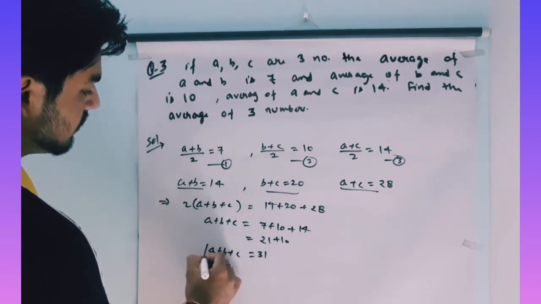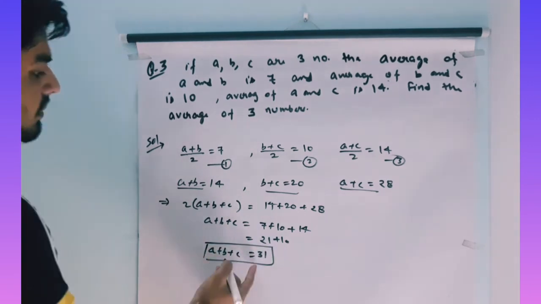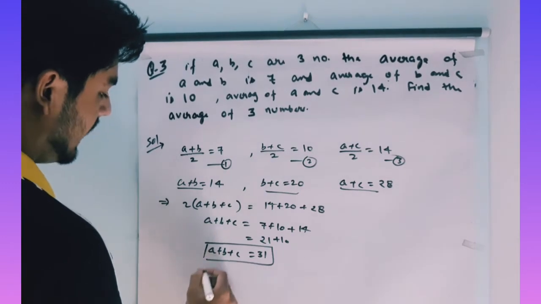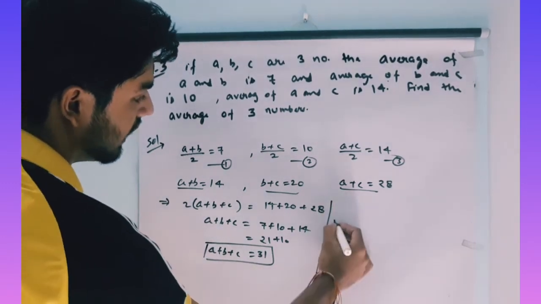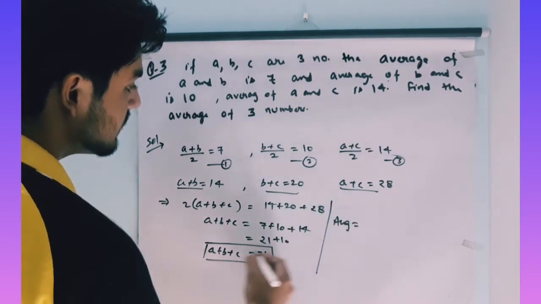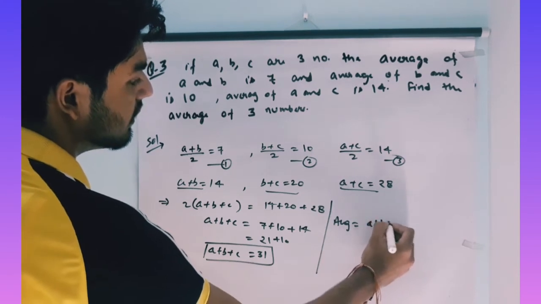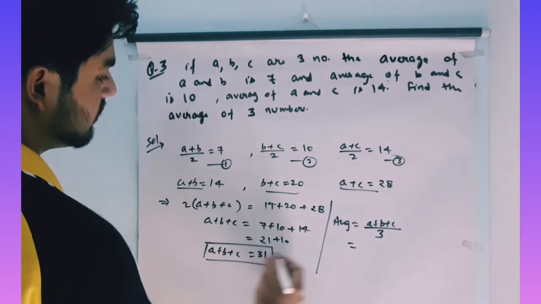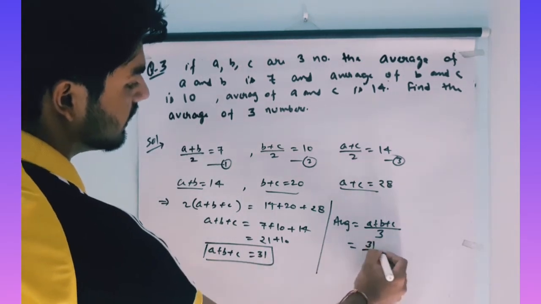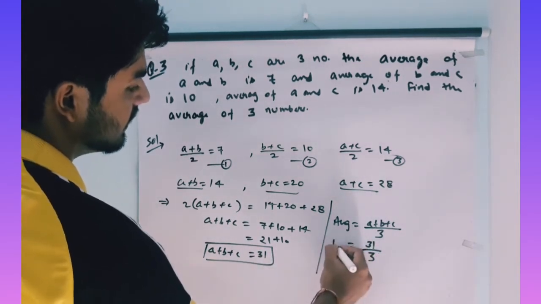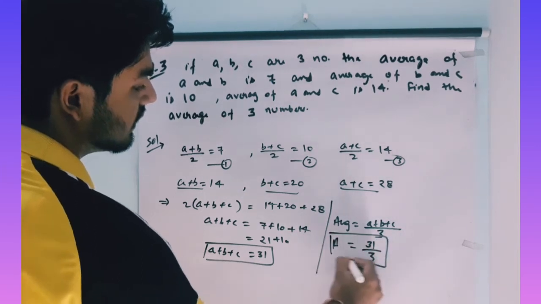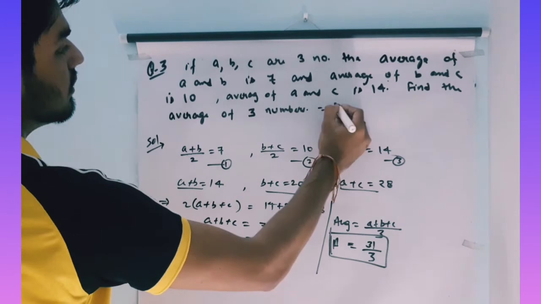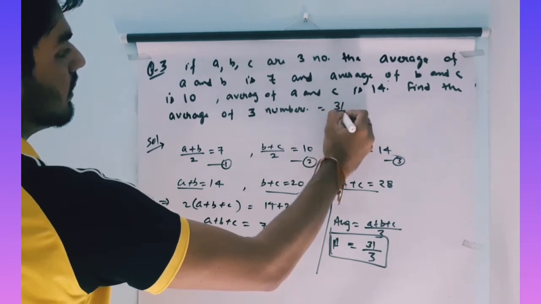So we have sum of numbers A plus B plus C is 31, and we have to find the average of three numbers. The formula of average is sum of numbers A plus B plus C divided by total numbers 3. Sum of numbers we calculated 31 and divided by 3. So our answer is 31 by 3. So average of three numbers is equal to 31 by 3.